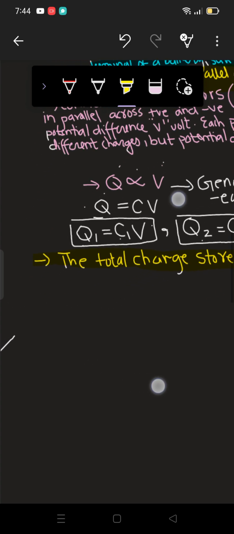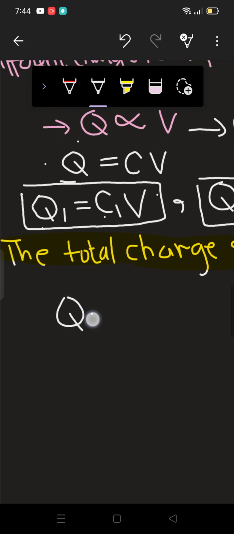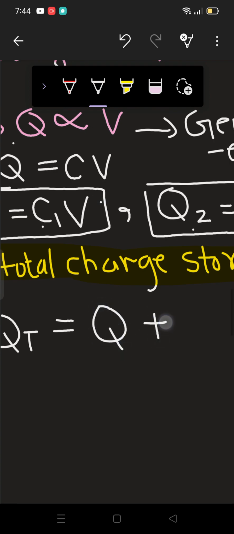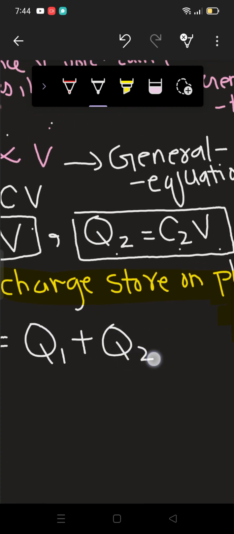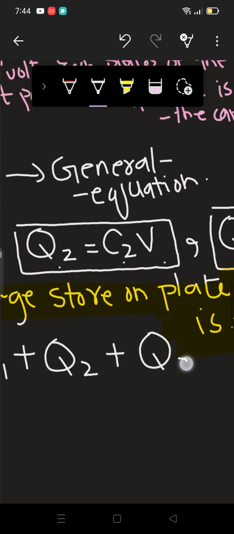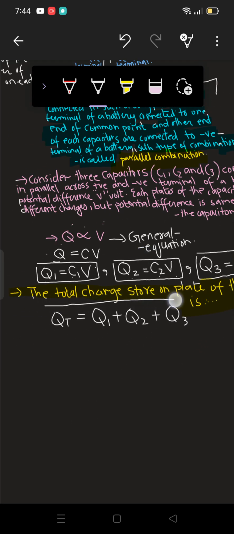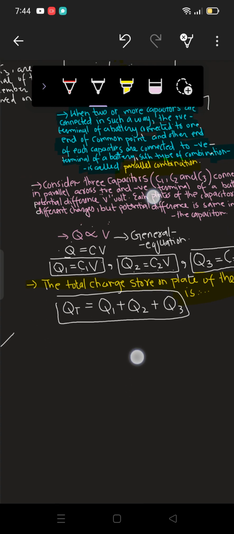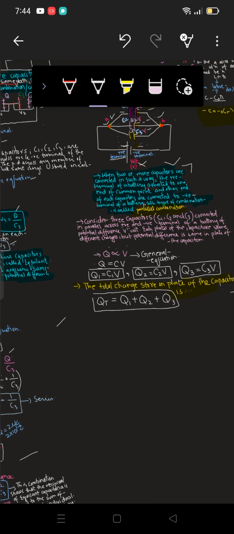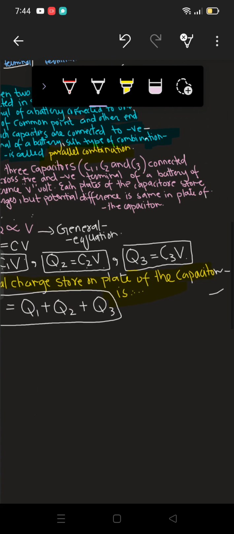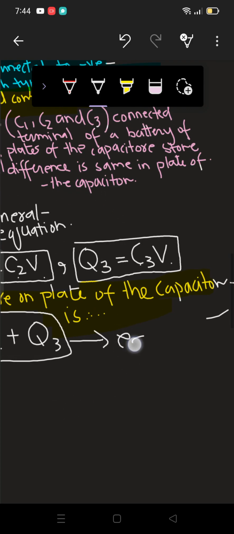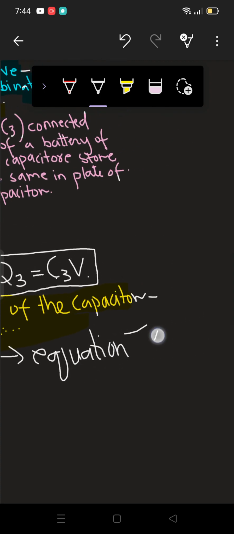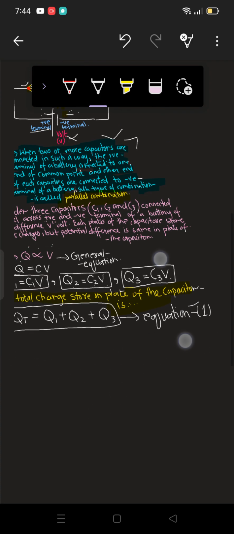The total charge stored would be Qt, which is equal to Q1 plus Q2 plus Q3. This gives us the total charge stored on the capacitors if we replace all these capacitors by a single capacitor. Consider this as equation number 1.